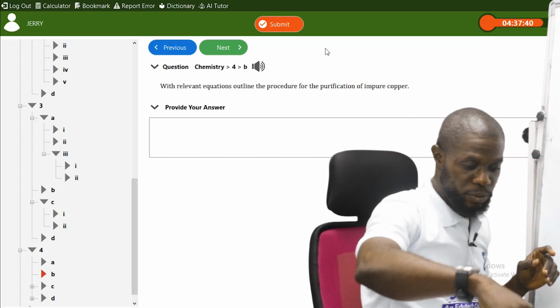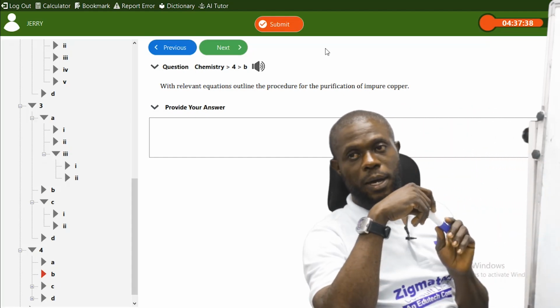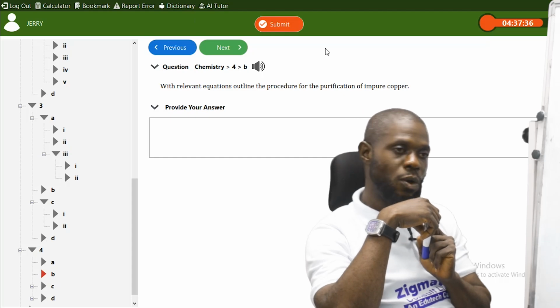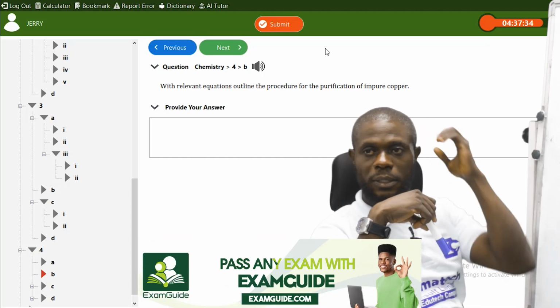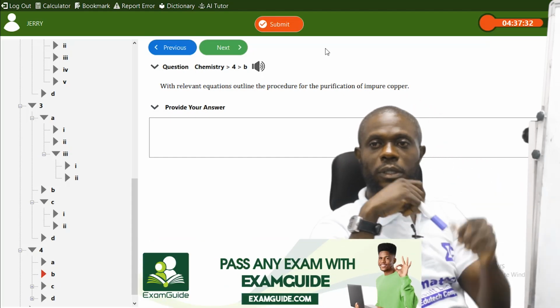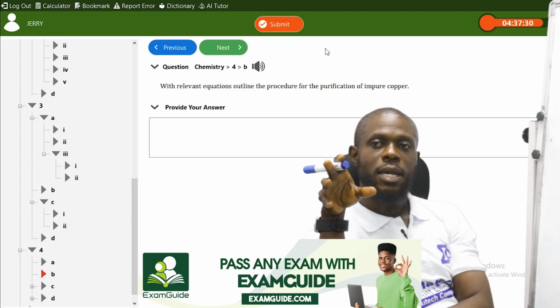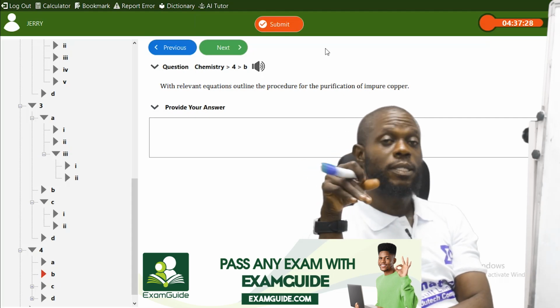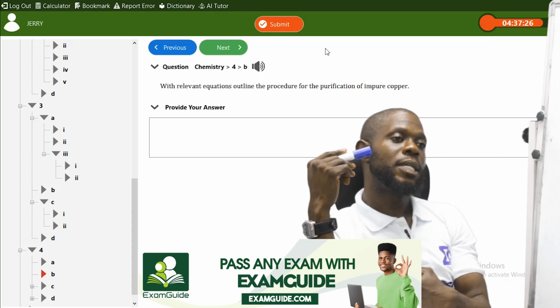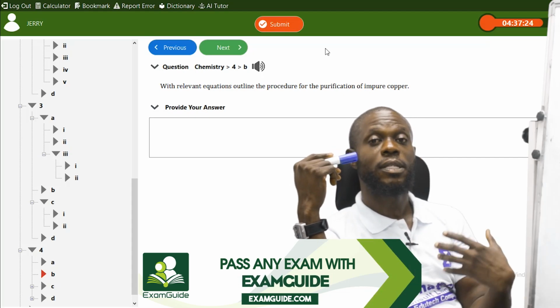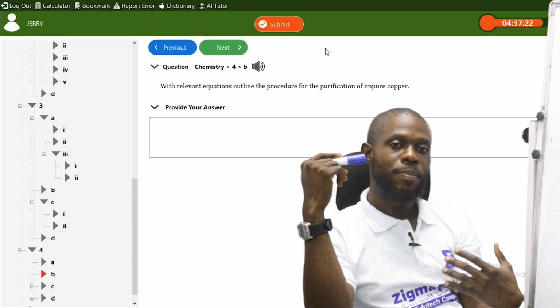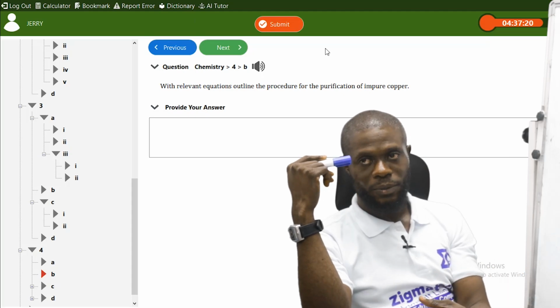Now, it's just simple. The impure copper acts as an anode, and the pure copper acts as a cathode. What do I mean? Since the copper is impure, it has lost its efficiency, it has lost its strength. So therefore, it becomes a poor conductor.